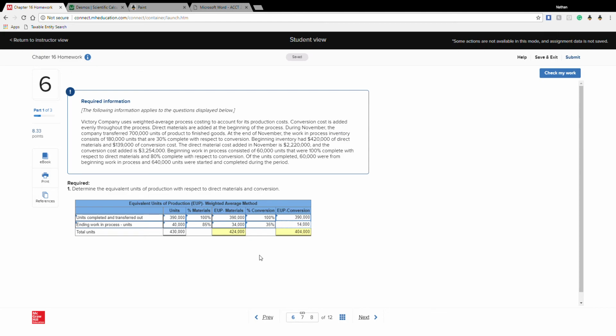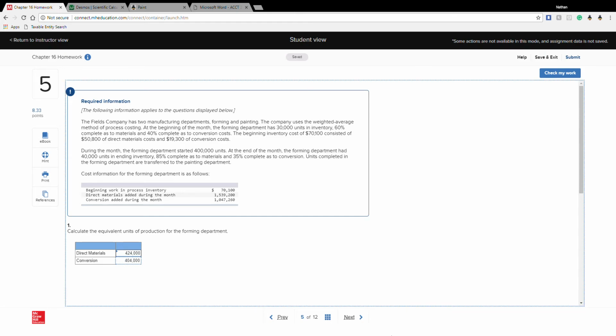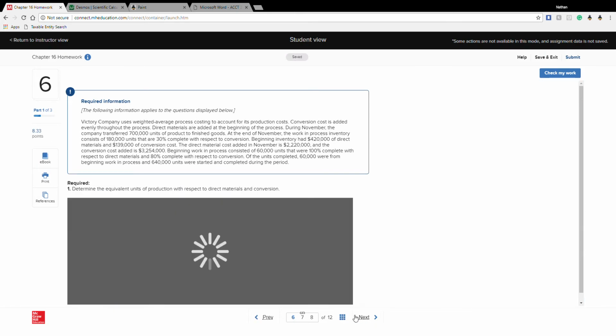So, as you can see, Connect already adds these up if we use question 6 as kind of like a helpful hint. So here, when it's trying to find the equivalent units, since I already did the math, I can just take them over. Just look what happened on question 6.